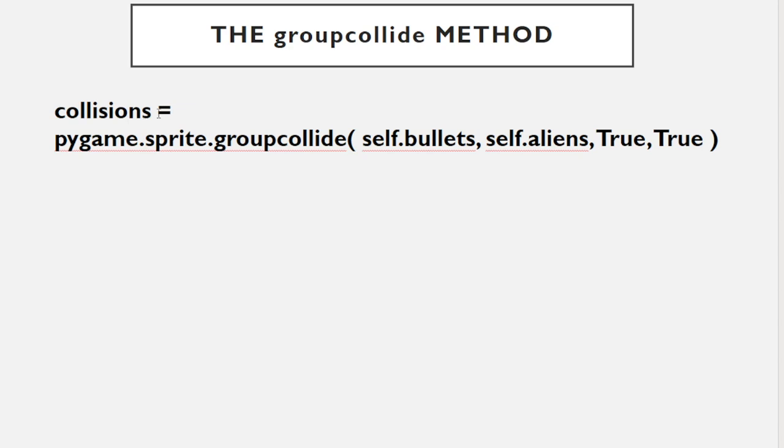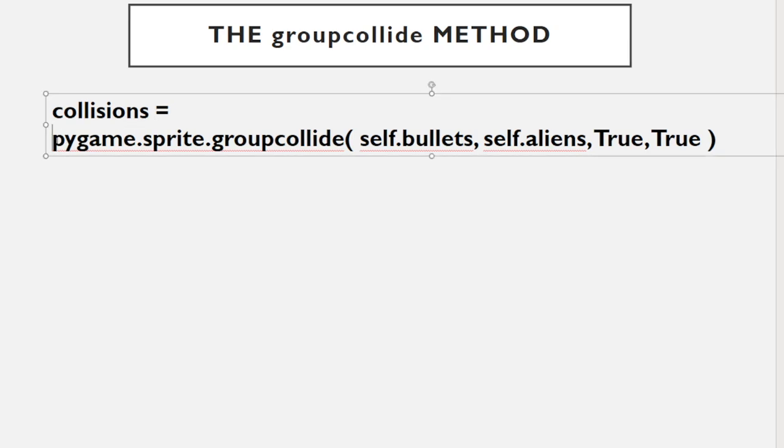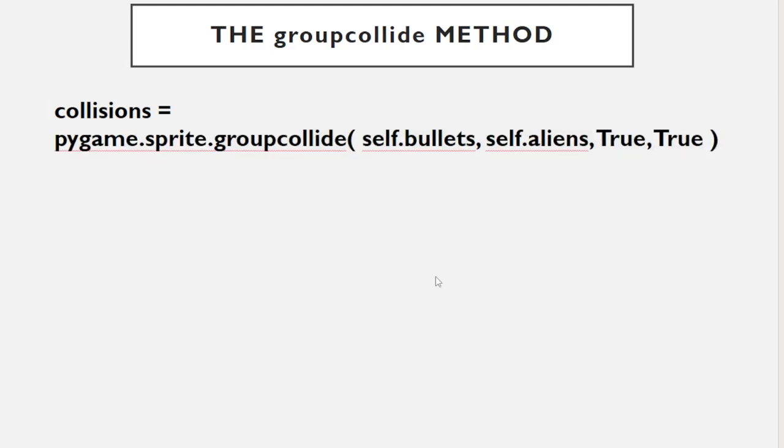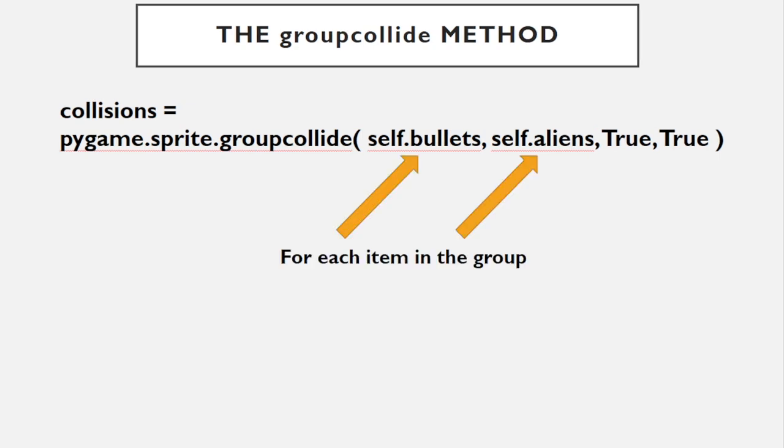The collisions variable is set to the return of this method. And this method returns the x and y location of the collision as a dictionary key and values. So the parameters are the group of bullets and the group of aliens.